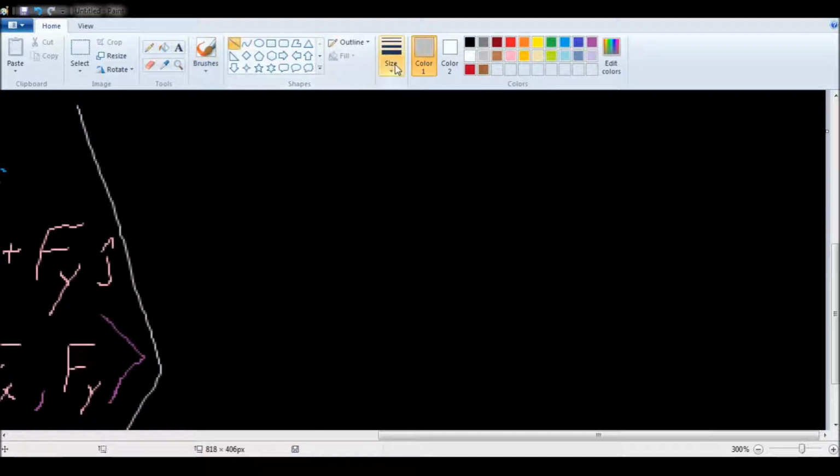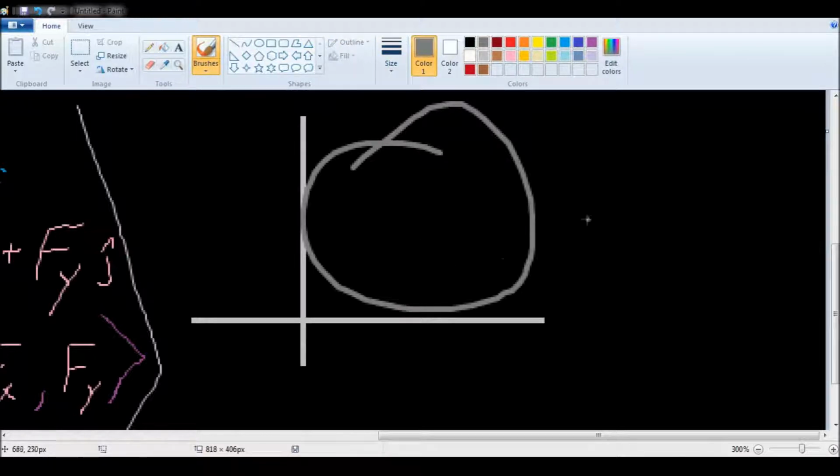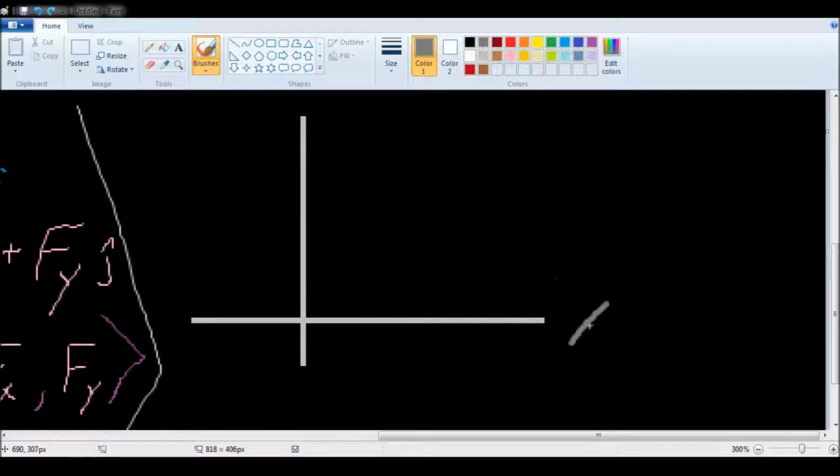So I'll just kind of block that off. And let's go ahead and draw another coordinate system, and I'm going to make this one a little bit bigger and mostly positive. And the reason I'm doing that is because we've been working in this positive x, positive y space this whole time.